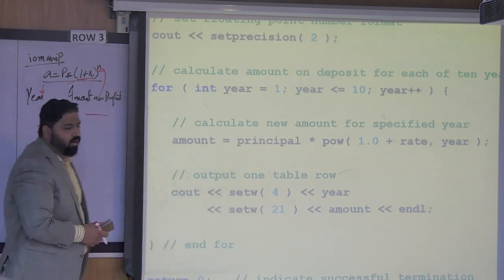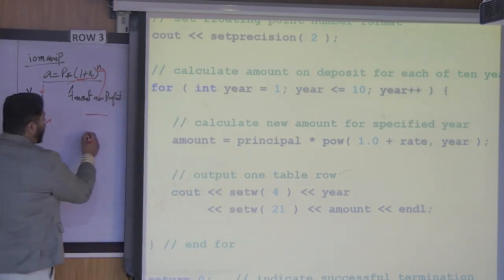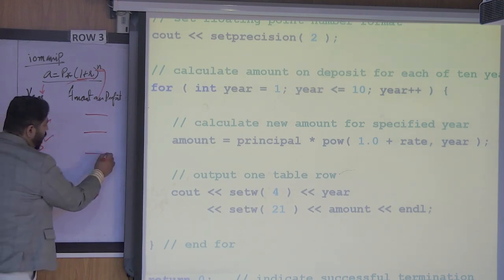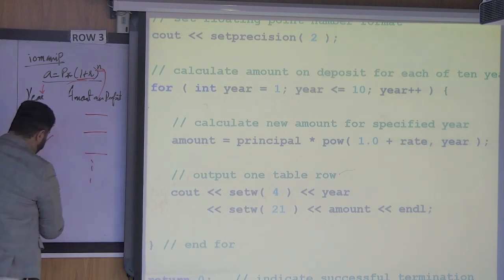The latest value of the year is 2, then year 3 and the amount continues.